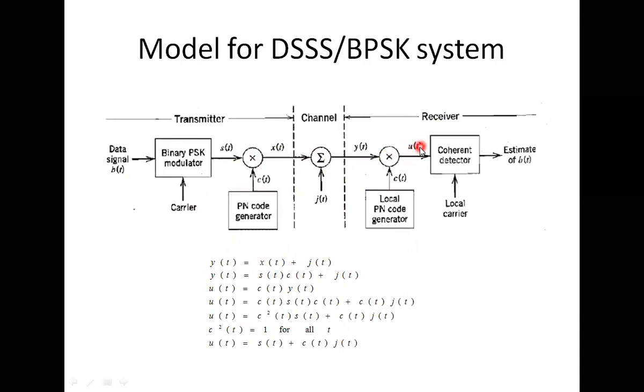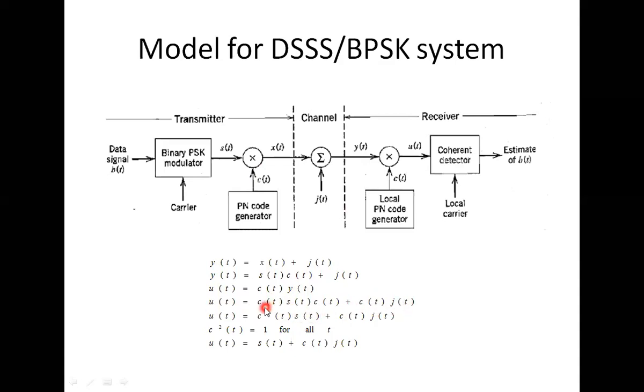And here u of t is the product of y of t and c of t. So u of t is c of t multiplied by y of t, that is s of t into c of t plus j of t. So u of t is finally given here.